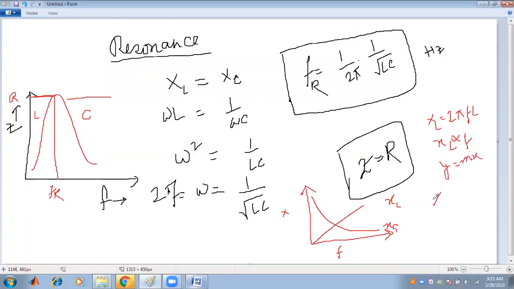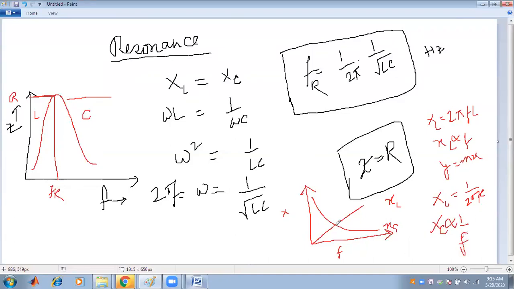And XC equal to 1 by 2 pi FC, so XC is inversely proportional to F. So it is a rectangular hyperbola.